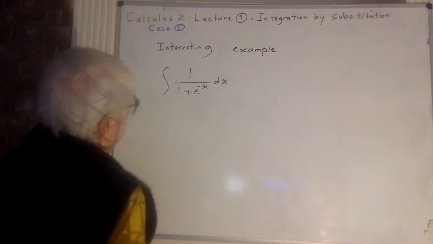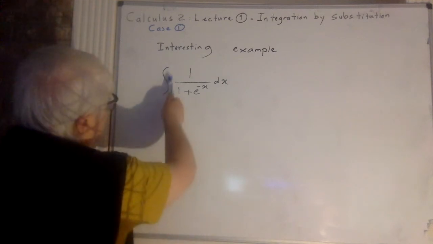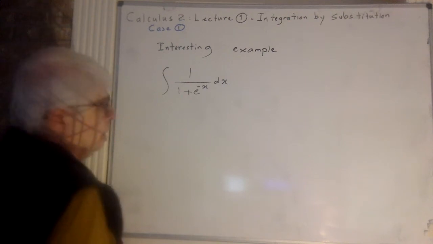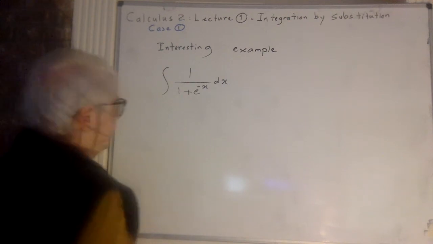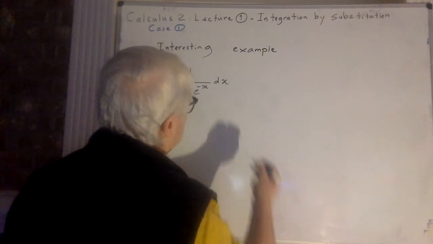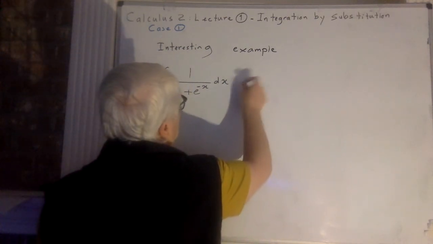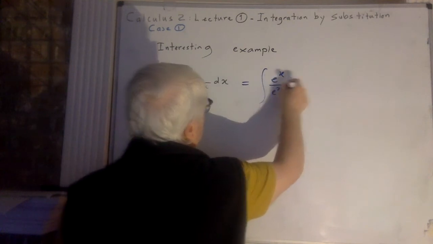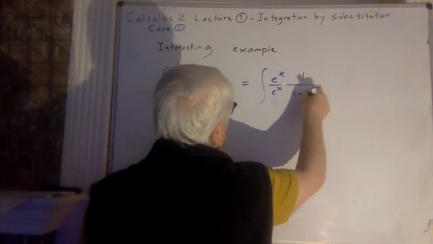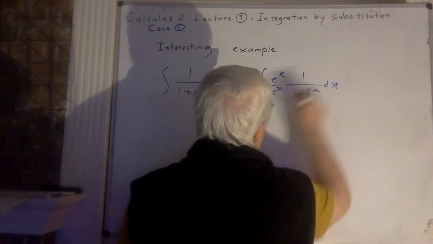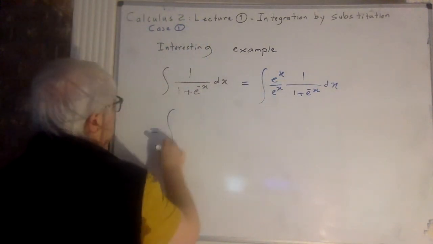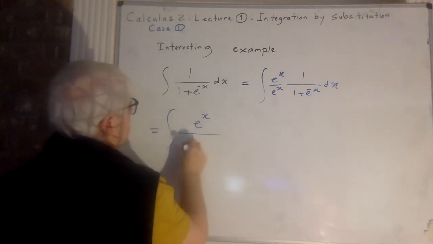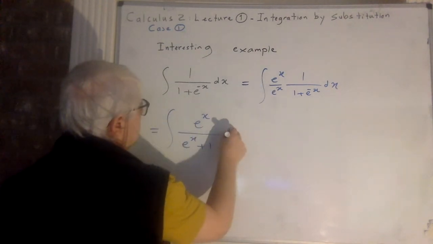But let's do this. Let's multiply both numerator and denominator by e to power x. E to power x is never 0, so I can do that. That doesn't change anything. So this will be the integral of e to the power x over e to the power x times 1 plus e to the power negative x, dx, and that is e to the power x over e to the power x plus 1 dx.